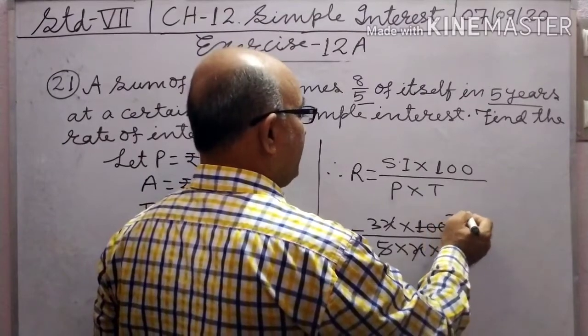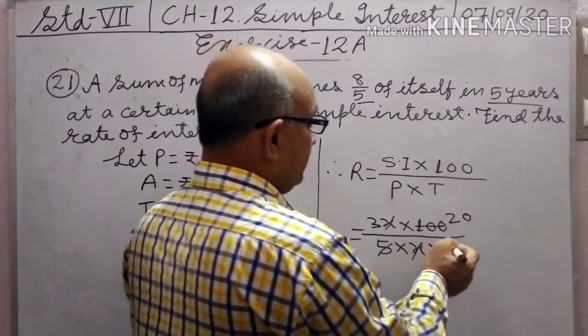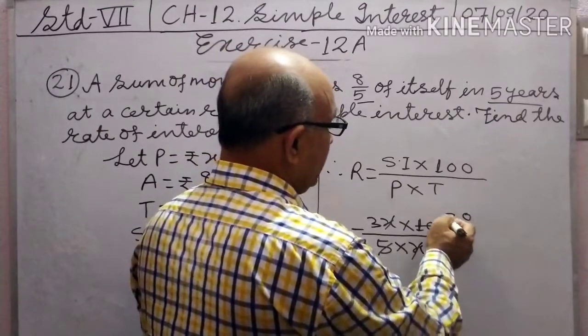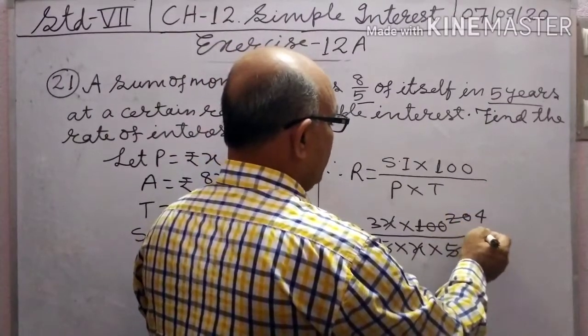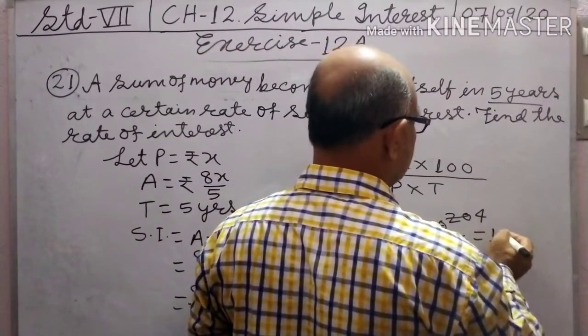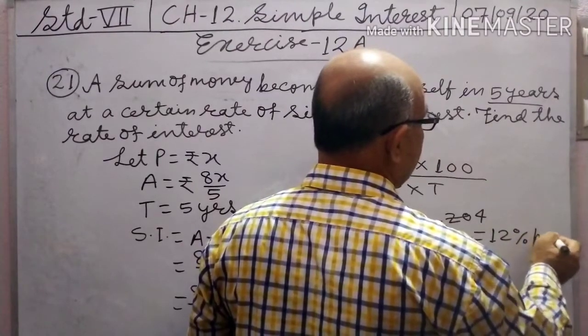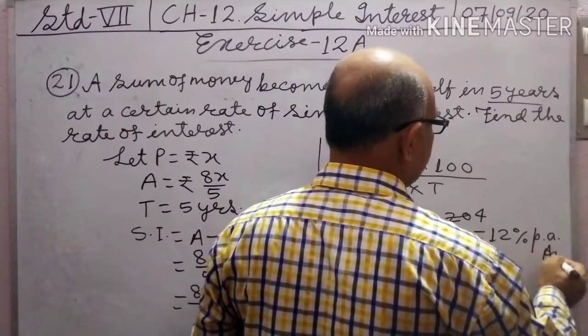So 25 is 100. 100 divided by 5. 25 is 100. And 20 divided by 5. 4 fives are 20. Equal to 4 threes are 12. 12% per annum, answer.